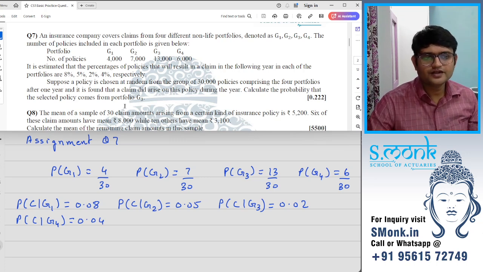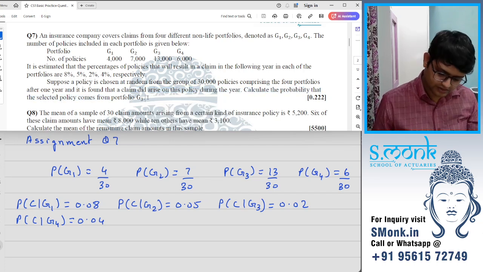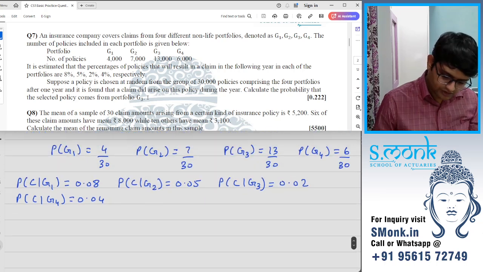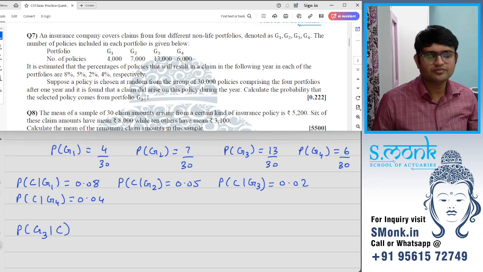We want to find the probability that the policy that had a claim came from G3. So we want the probability of G3, the policy came from G3, given we saw a claim. This is what we want.